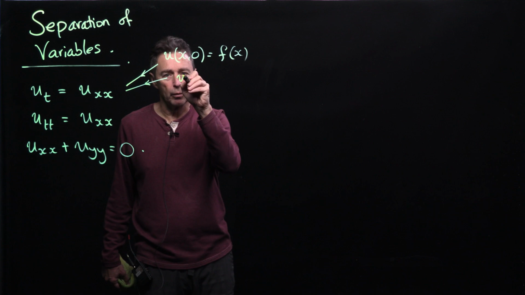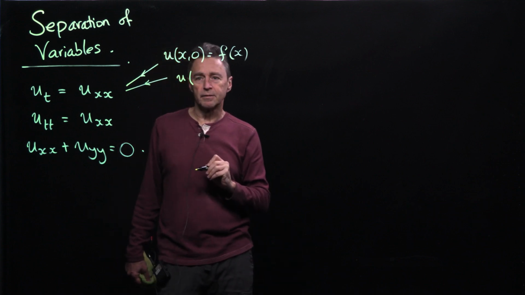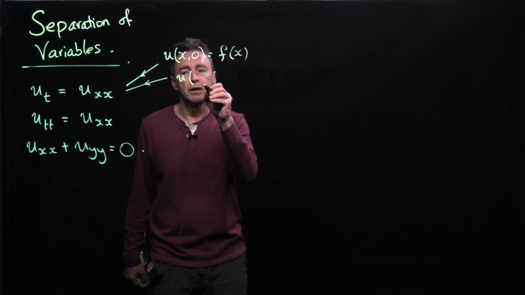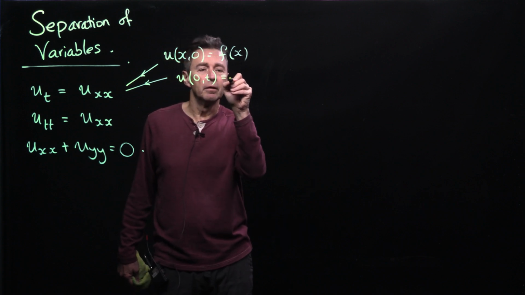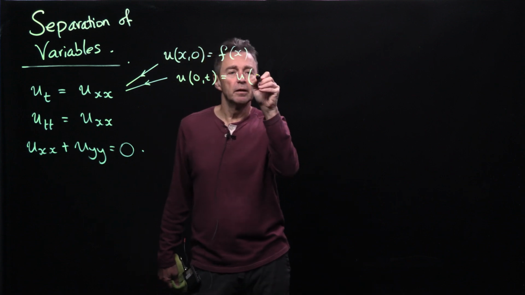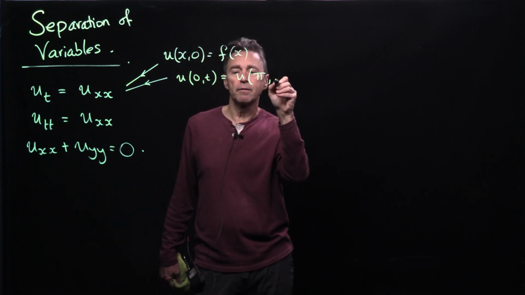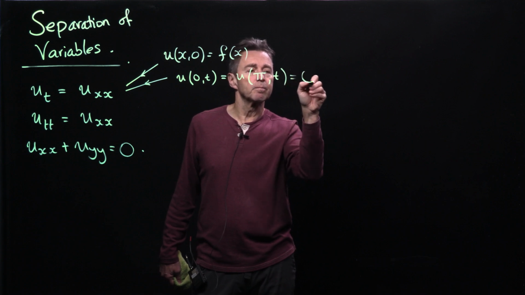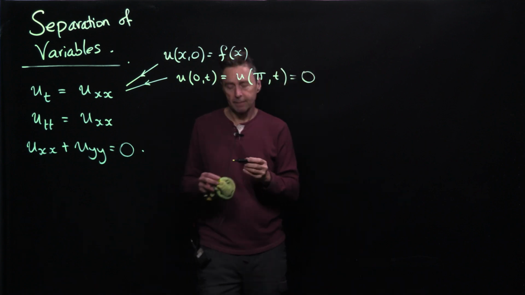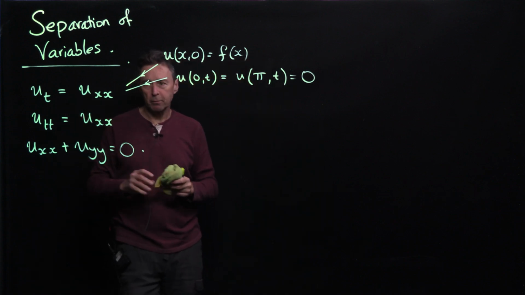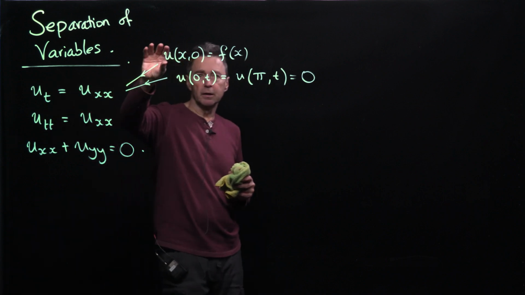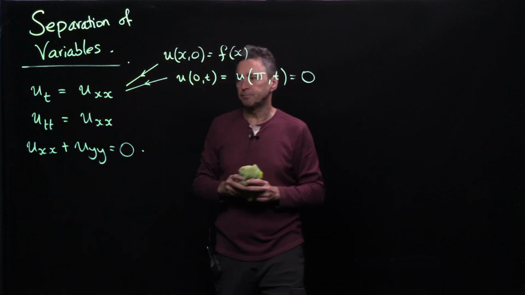For example, if the ends of the rod are held at a certain temperature, I could impose something like u at 0 and u at pi, if that was the length of the rod, as 0. So that's one model type of problem. We supply the PDE, an initial condition and boundary conditions.